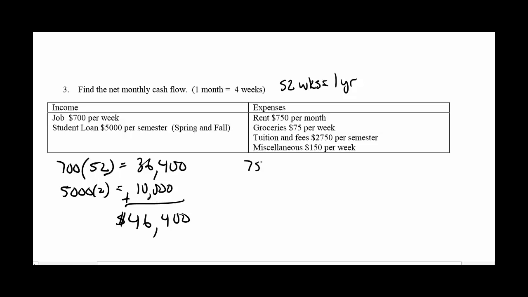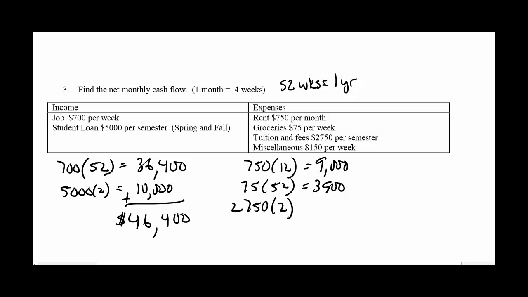Expenses, she's got rent at $750 a month. So it's 750 times 12 is 9,000. She's got groceries at $75 a week. So 75 times 52 is 3,900. Tuition and fees is $2,750 a semester, and again, we're just assuming fall and spring.